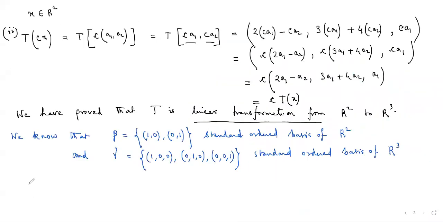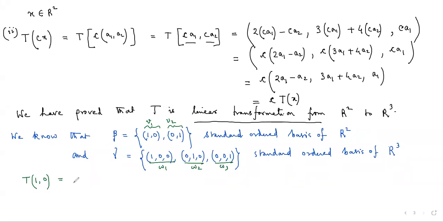So in the domain, how many basis elements do we have? We have this and this. Now we are going to apply this transformation T on these basis elements. So we get the following. T on the first basis element of R2, T(1,0). If you call them V1 and V2, and W1, W2, W3, if you want to correlate.